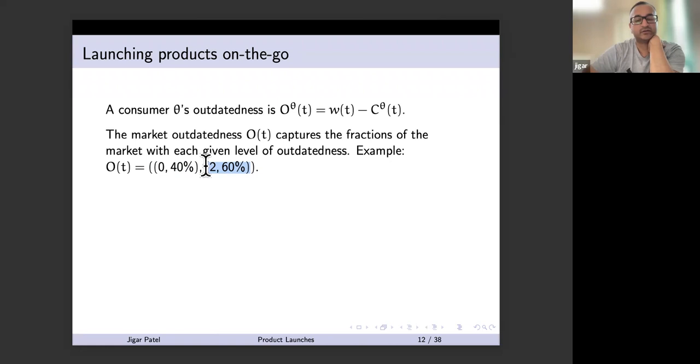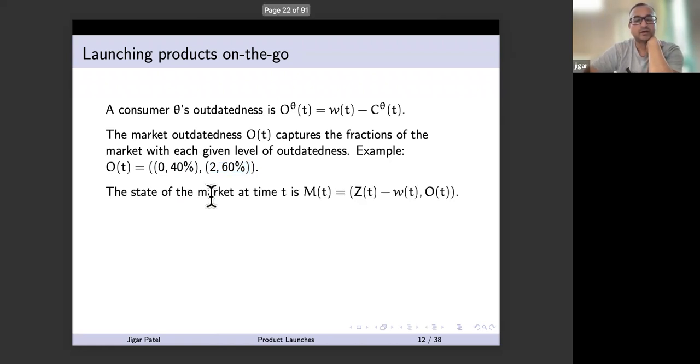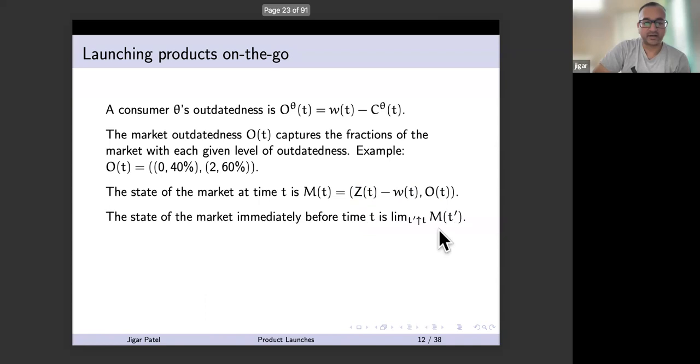So think of it, they own, I don't know, iPhone 12. The state of the market at time t. What is the state of the market? State of the market is saying R&D level minus the market technology, comma the outdatedness of the market. Right. So this is saying how much accumulated technology does the company have with it, and the market composition. Right. What has market bought so far?